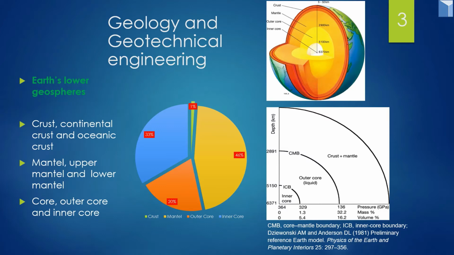So therefore, the mantle of the earth can be occupying around 66% of the lower spheres of the earth. And these assumptions are made because the outer core is also in liquid state, just like the mantle.